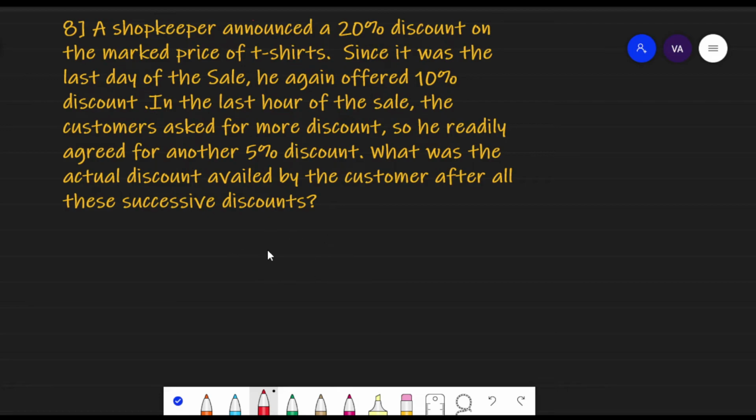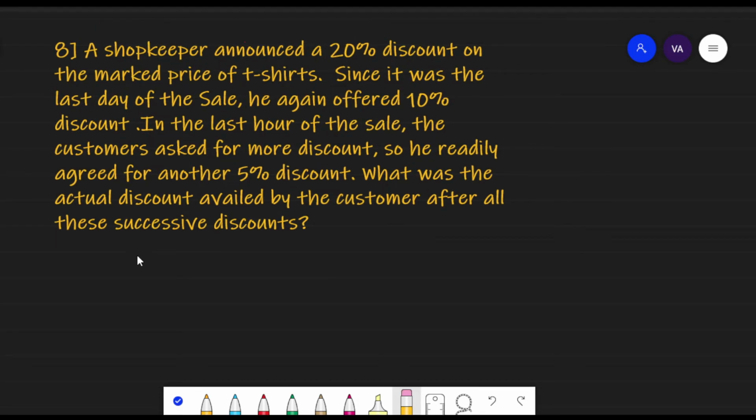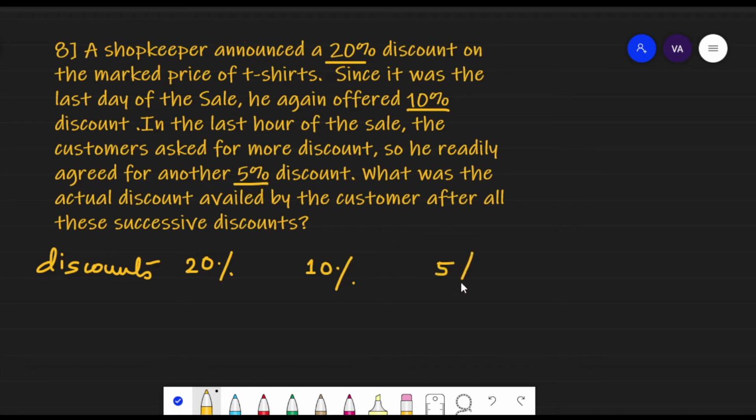So you can see there are 3 successive discounts. The discounts are first of 20%, then the discount offered is of 10%, and finally the discount is 5%.